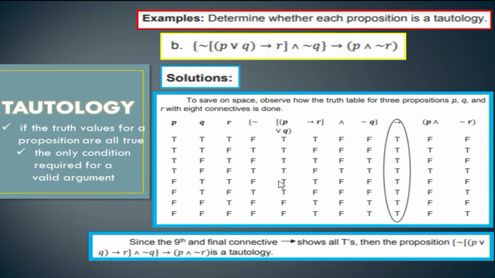However, in the last two rows, you can see that P and Q are all false. Therefore, in the fifth column, F or F means F, and F or F means F. So there are two false in the seventh and eighth row.